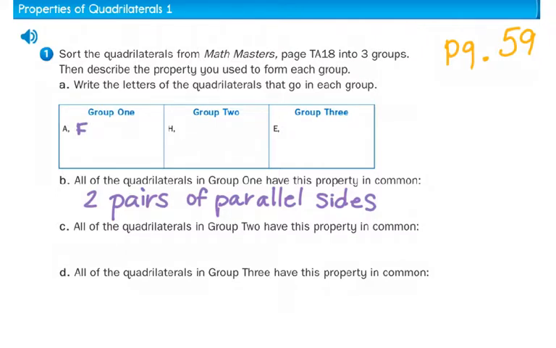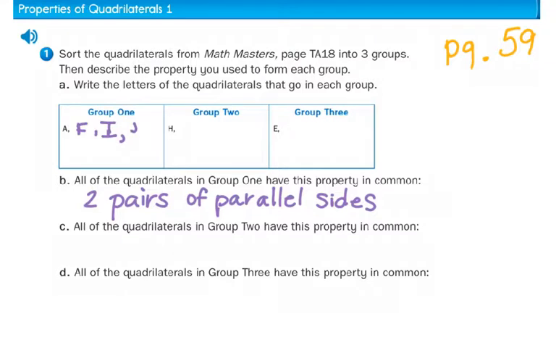F is a square. Opposite sides are parallel. The top and bottom are parallel. The left side and right side are parallel. G is not. H is not, but guess what? I, find I. I is also a square. Opposite sides are parallel.